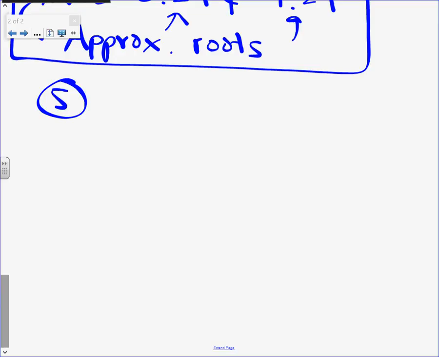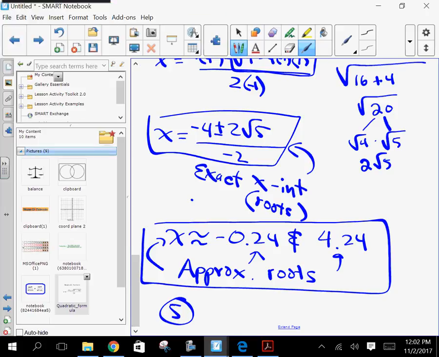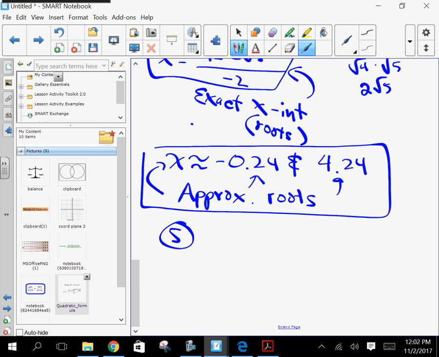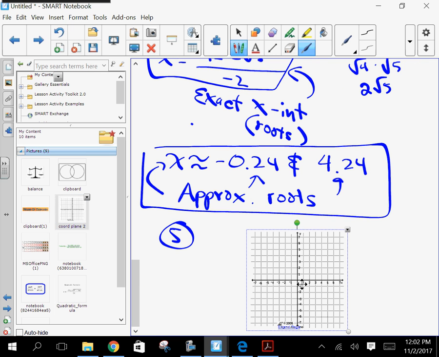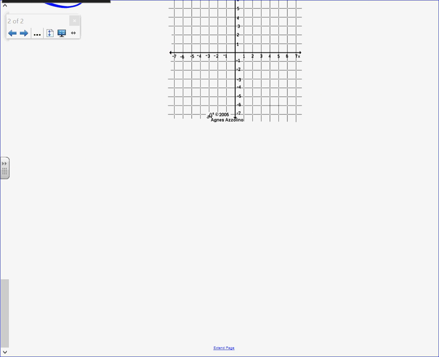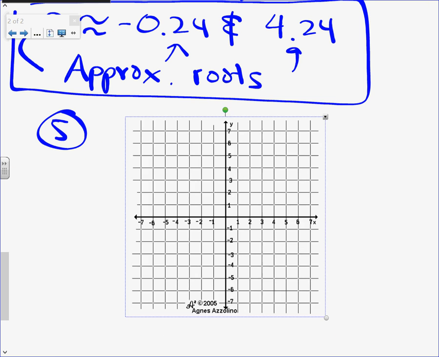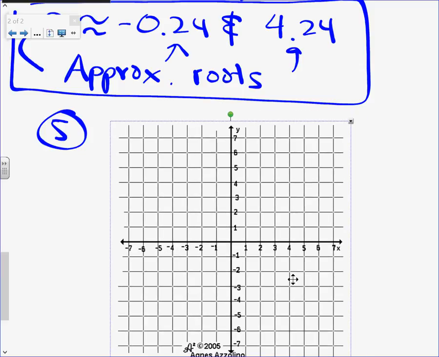Go ahead and give me an x and y axis, a coordinate plane. Don't worry about putting all the numbers. I know where the numbers are at. You know where the numbers are at. That's totally unnecessary. Just give me a nice straight x and y axis, and let's plot this parabola.